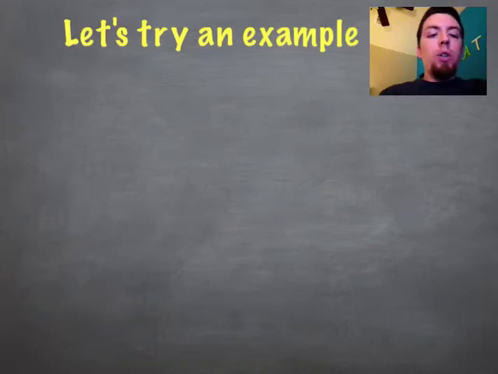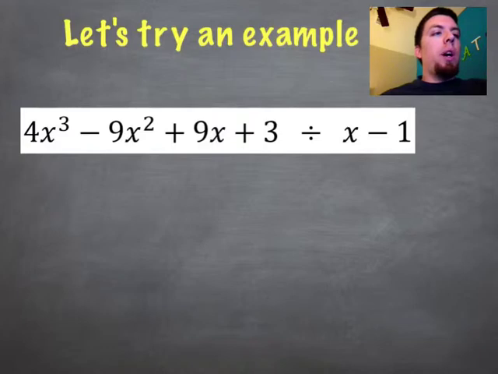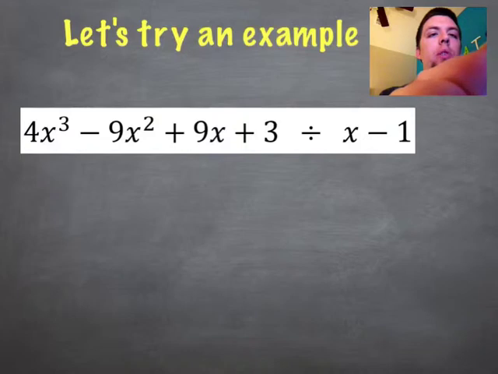Okay, so let's go ahead and try an example. For this example, we have 4x cubed minus 9x squared plus 9x plus 3 divided by x minus 1. If we follow the directions given to us, that means instead of doing long division, dividing by x minus 1, we're going to divide by the 0 of that.